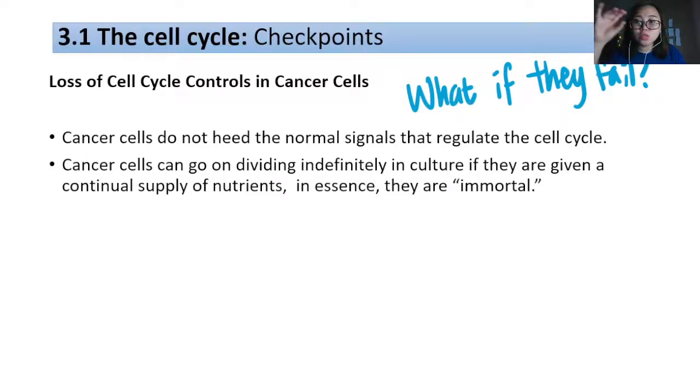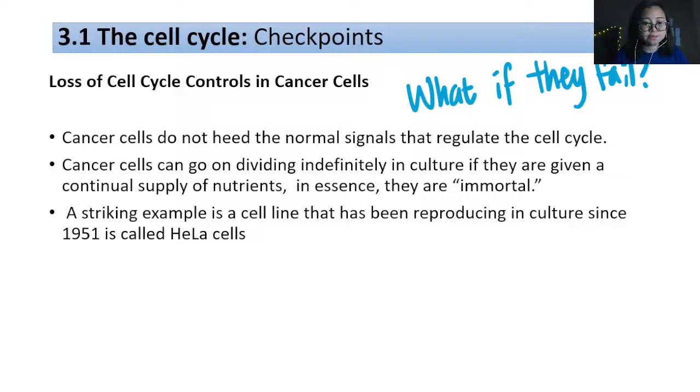Dia boleh terus membiak, terus hidup, sampai bila-bila, if they are given a continual supply of nutrients. Sekiranya dia diberi supply sumber nutrien yang mencukupi. In essence, they can be immortal. Dia boleh hidup selama-lamanya kalau diberi zat nutrien-nutrien yang diperlukan.